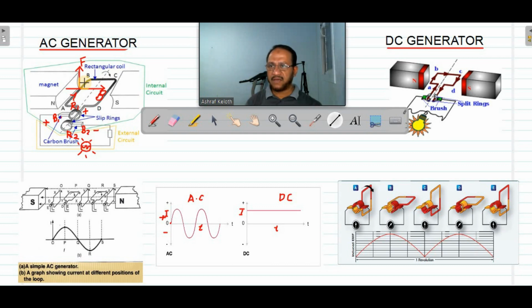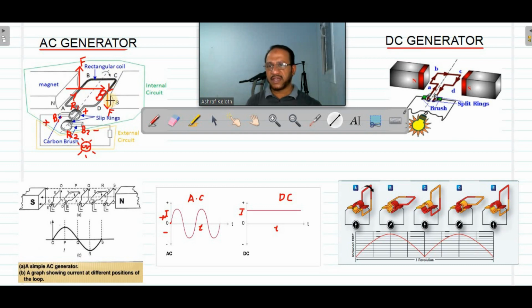If you apply Fleming's right hand rule, here the conductor is moving downward. This is the direction of force acting or motion of the conductor, and magnetic field is same, from left to right. Then the middle finger is from C to D, out of the screen.